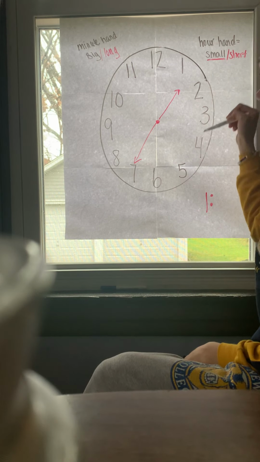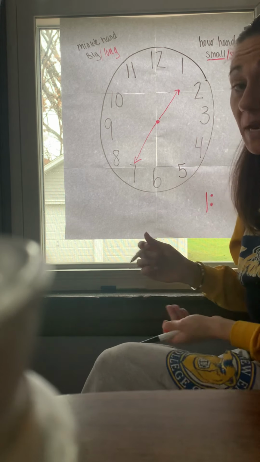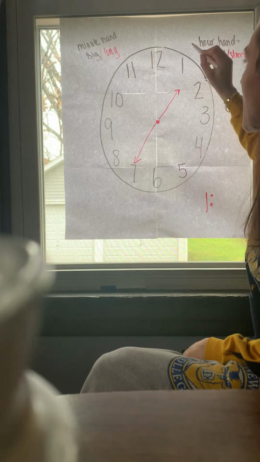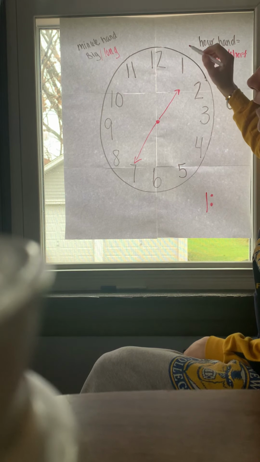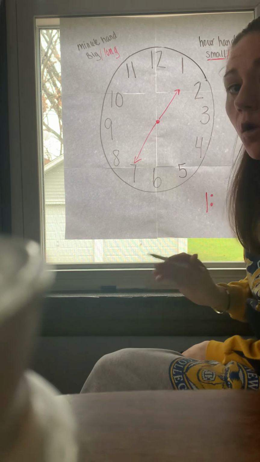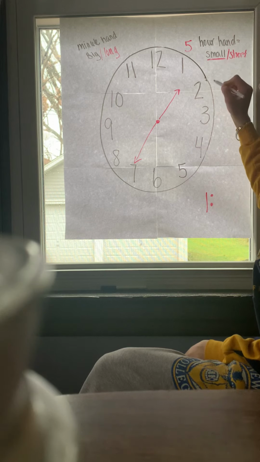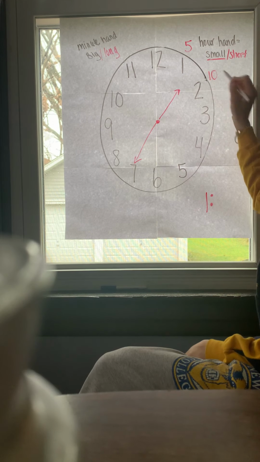Each one of the numbers on the clock equals a certain time of minutes. So for example, the 1, I don't know what minute that is. It's really easy. All you have to do is count by 5s. The 1 equals 5 minutes. The 2 is 10 minutes.